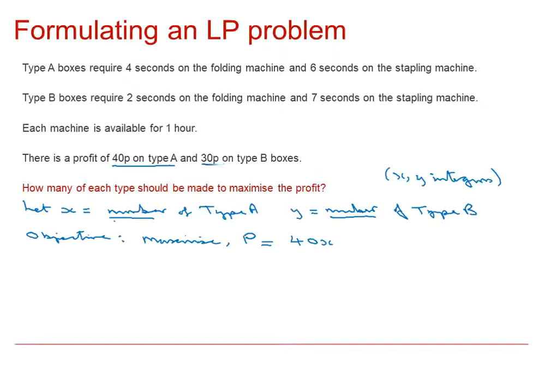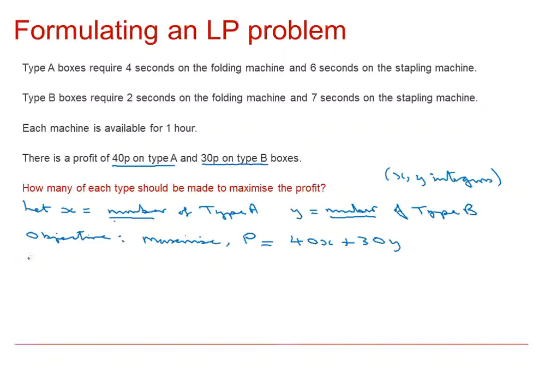We make 30 pence profit for every type B box. We're making y of type B boxes, so that's going to be 30 times y. And in total, that will be our profit. So that is our objective. Notice the equality. The profit will equal 40x plus 30y.